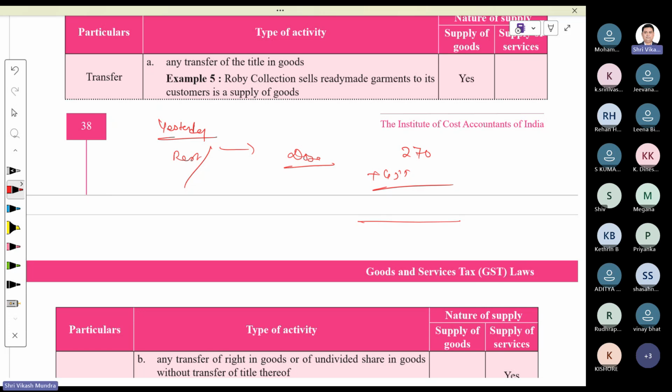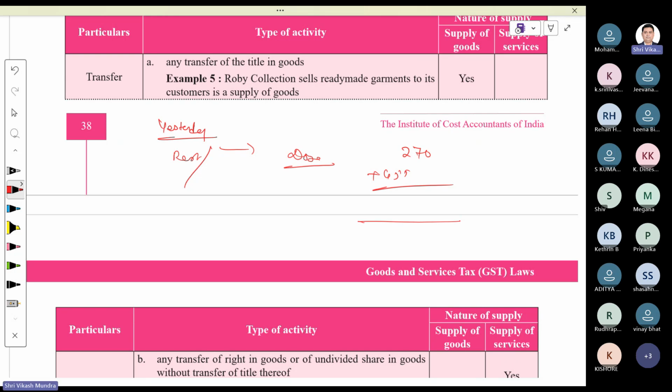Number two, there may be a few schemes which may be applicable only in case of goods and some other schemes applicable for supply of services only. So we need to identify what I am selling, whether I am a supplier of services or a supplier of goods, and whether the particular scheme is applicable to me or not. What is the threshold limit for my registration?